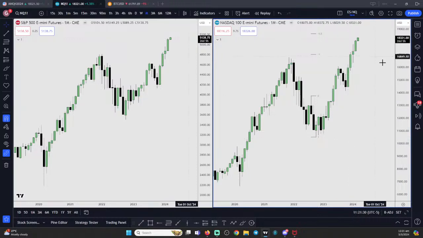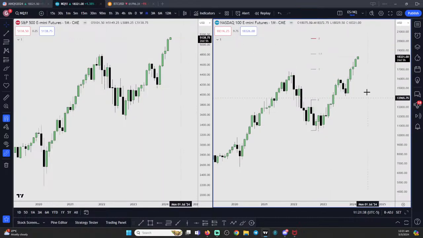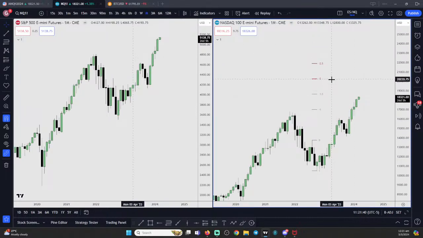And then I look at these two levels, -1 and -1.5, and obviously it can go all the way up into -2 to -2.5. Okay, and these are usually levels whereby you would anticipate some form of retracements.